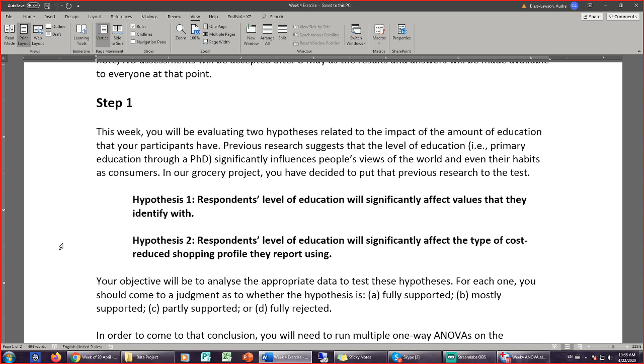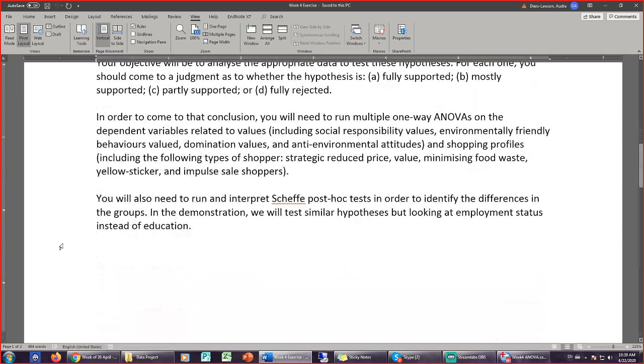So what you're ultimately wanting to do with the data analysis is be able to come to a judgment as to whether each one of the hypotheses would be fully supported, mostly supported, partly supported, or fully rejected. But to do this, you're going to have to run several one-way ANOVAs and then be able to evaluate the results and come to a conclusion.